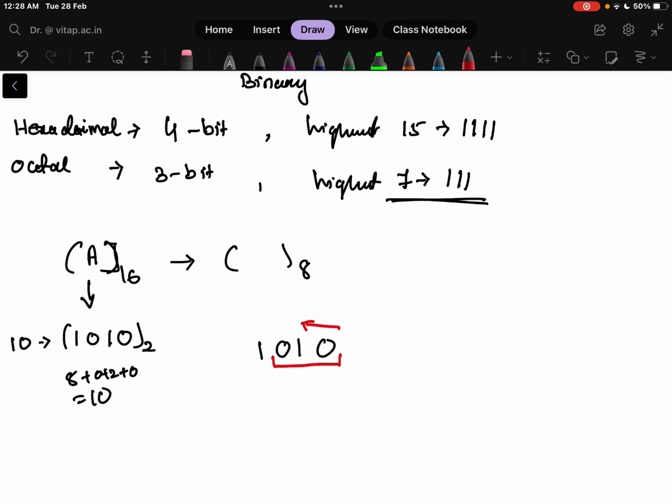Here only 1 bit is remaining, so to make a group of 3, I will add 2 zeros. After that, I have to write the equivalent of each group. The equivalent of 010 is 2, and the equivalent of 001 is 1. So the answer will be 12 in base 8.